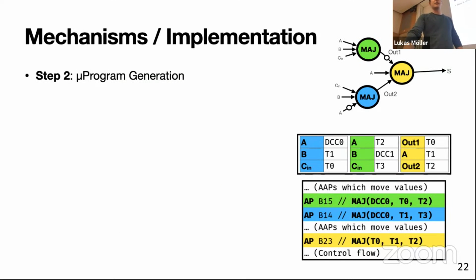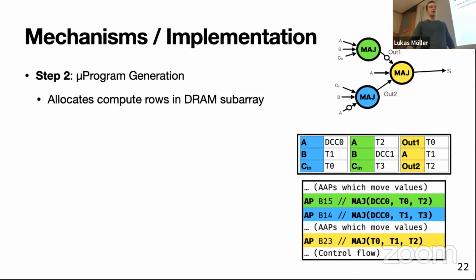Now that we have this efficient majority inverter graph, we can generate a microprogram from that. To do that, the first step would be to compute rows in which the operands will be allocated. We can do that by going through all of the majority nodes, starting out with the input elements and going in the direction of the result, using a kind of breadth first search.